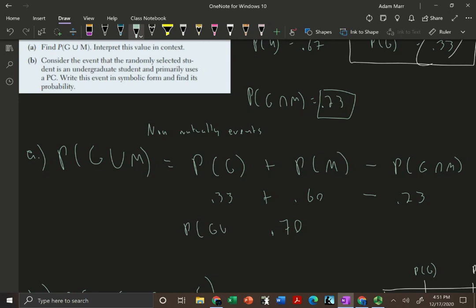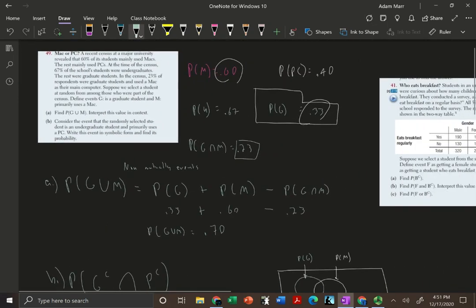Now it says to interpret this in context, so we're going to say, over many large random samples of students at this major university, about 70% of them will be a grad student or use a Mac.